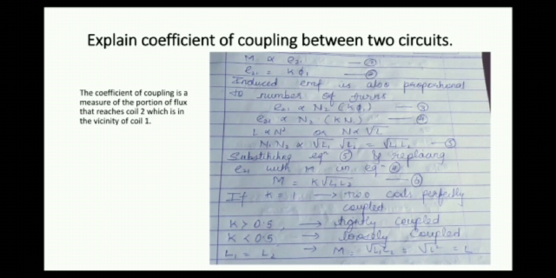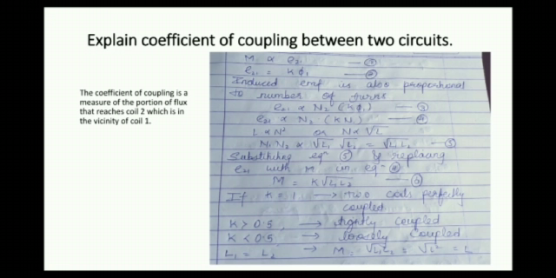Explain coefficient of coupling between two circuits. Now, what is coefficient of coupling? The coefficient of coupling K is a measure of the portion of the flux that reaches the coil which is in the vicinity of the coil 1. Now, greater the coefficient of coupling, greater will be the mutual inductance. Inductance of any circuit is proportional to induced voltage it can develop.